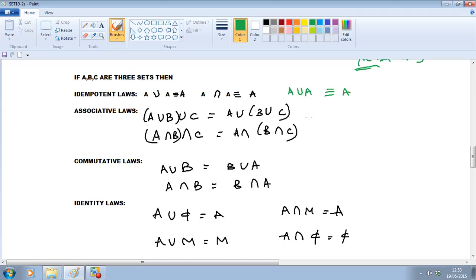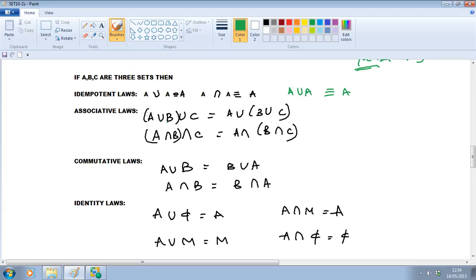A union B and then union C is equal to A union of B and C. Similarly, A intersection B and then intersection C is equal to A intersection of B and C.